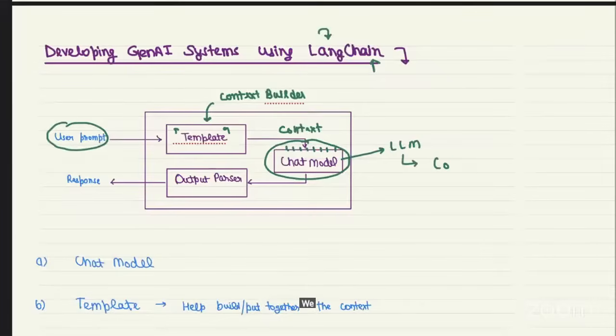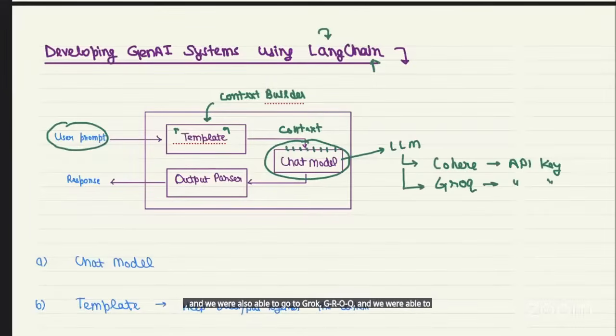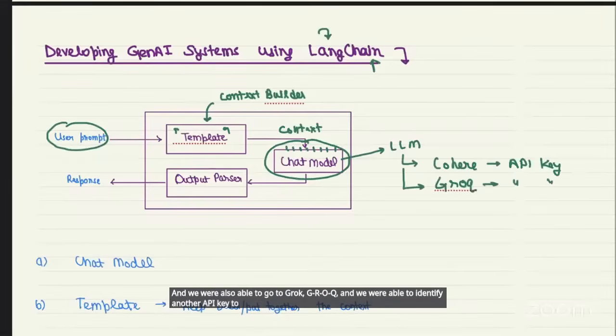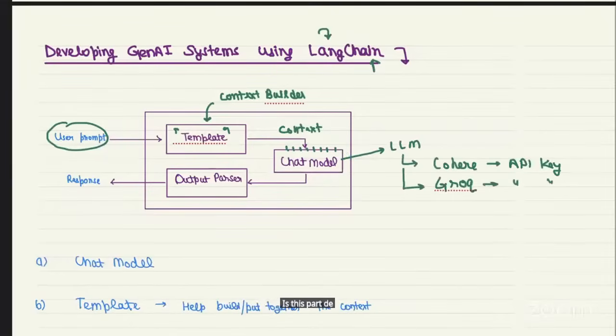We saw how to use Cohere. We did the complete setup of Cohere and got the API key from the Cohere page. We were also able to go to Groq and identify another API key to access Groq models as well. Is this part clear to you?